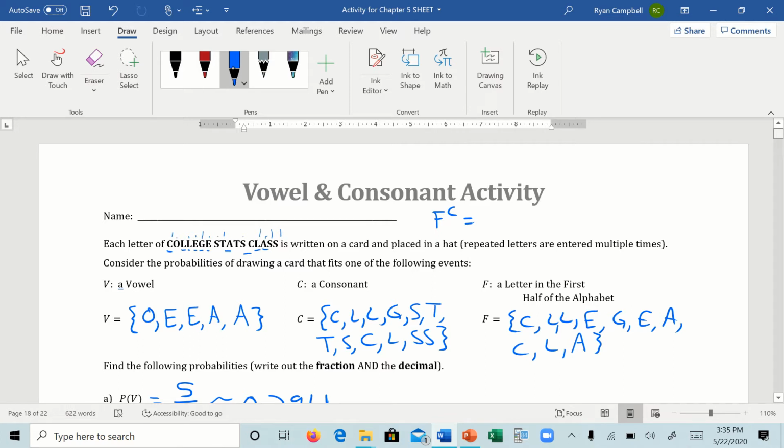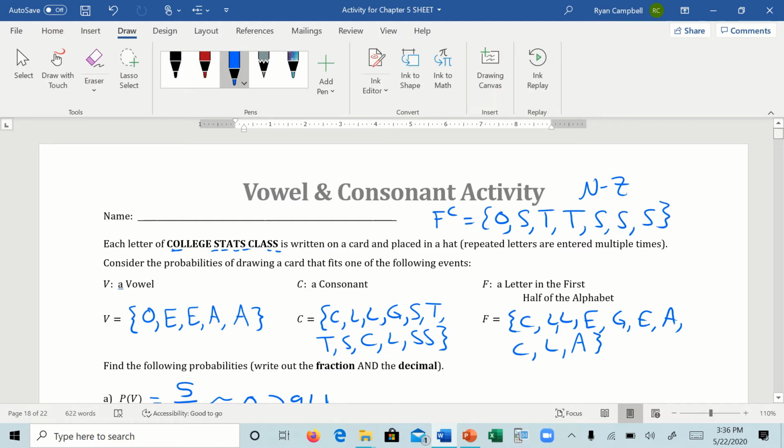So this would be the last half, right? The second half of the alphabet. So the ones that go from N to Z, specifically the ones that are not in F. And we see that that's just going to be O, S, T, T, S, and then two S's.